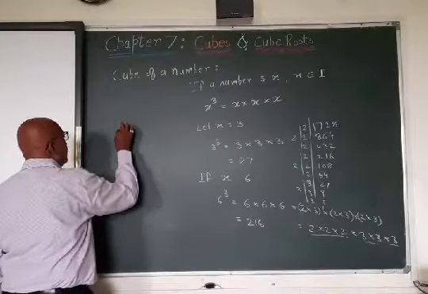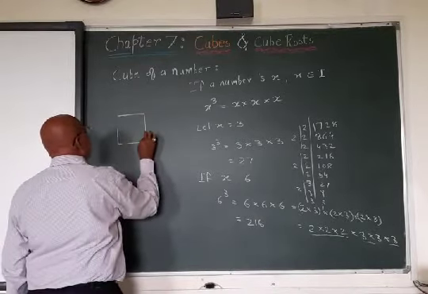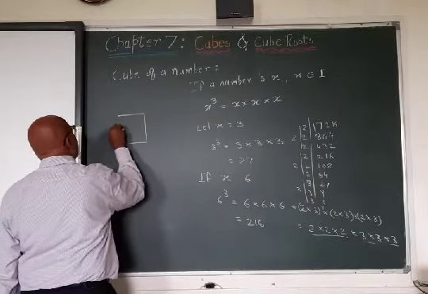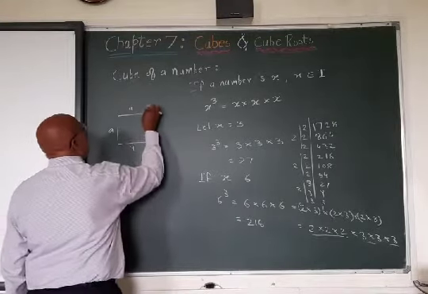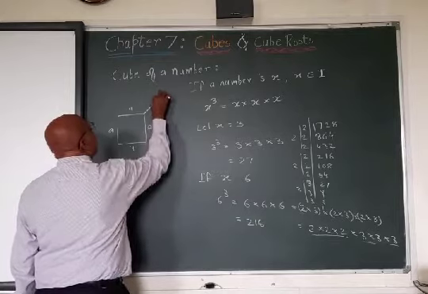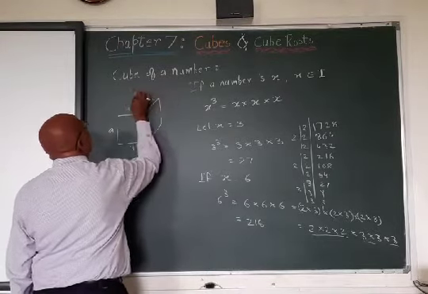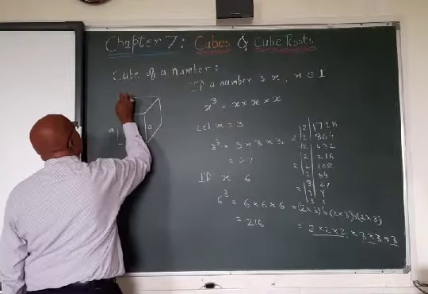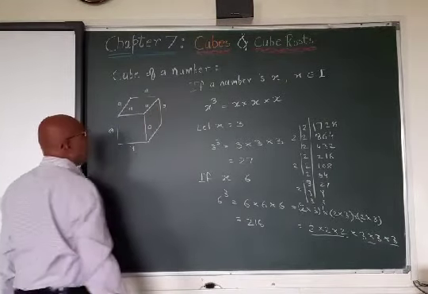In geometry, what is a cube? This is a perfect square, say side A, all sides are A. This is a square. And when we draw this way, we get a cube with all sides as A. Right?